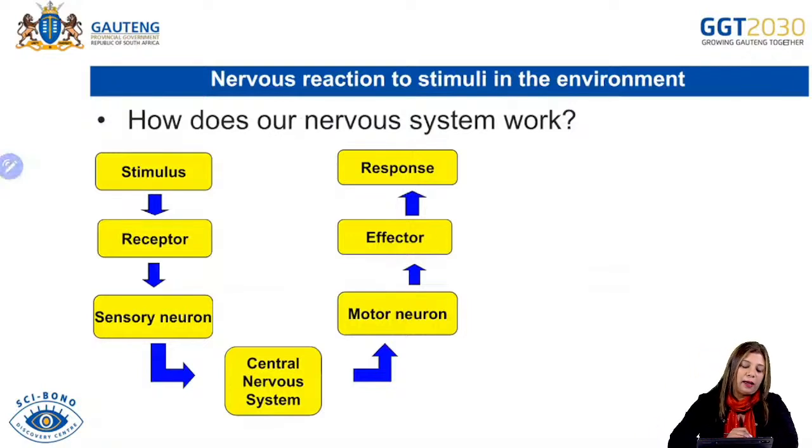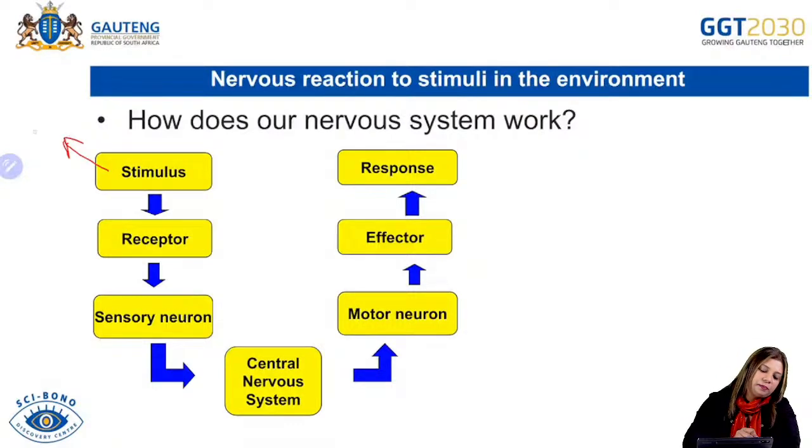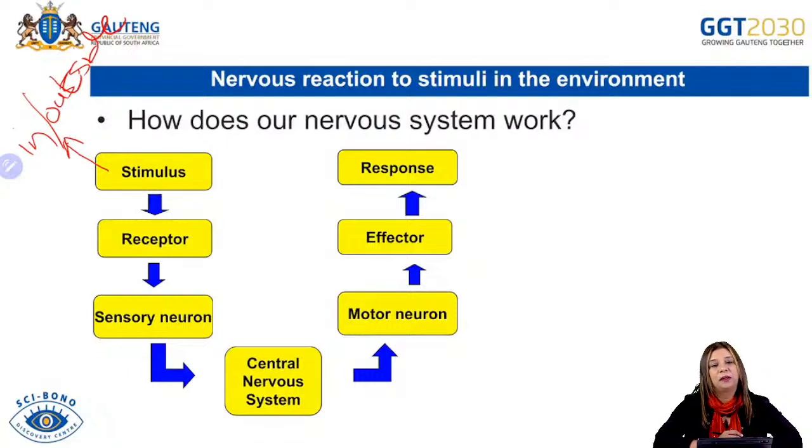So let's look at the stimulus. Remember we said the stimulus can come from inside or outside your body. And the stimulus sends a message to the receptor, where there are cells in the receptor. The cells in the receptor pick up this message and change it into an impulse.